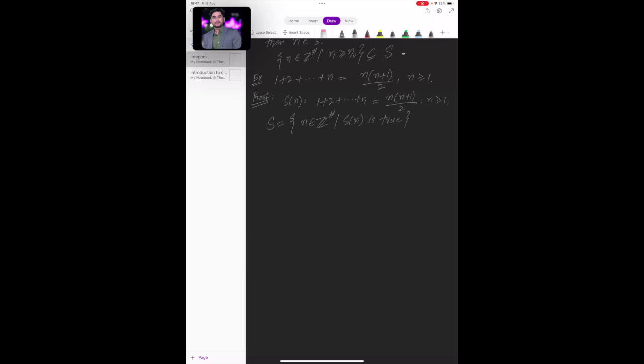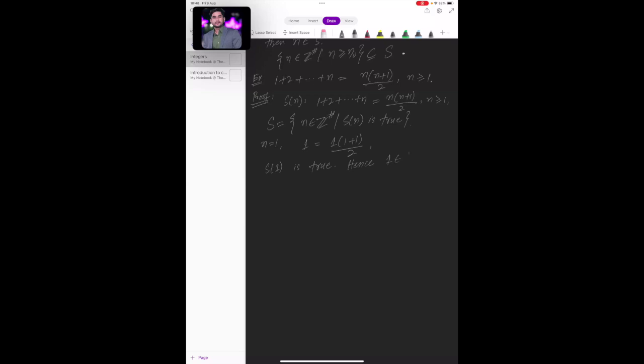Now, we know for n equals 1, 1 is 1 into 1 plus 1 divided by 2. So S of 1 is true.